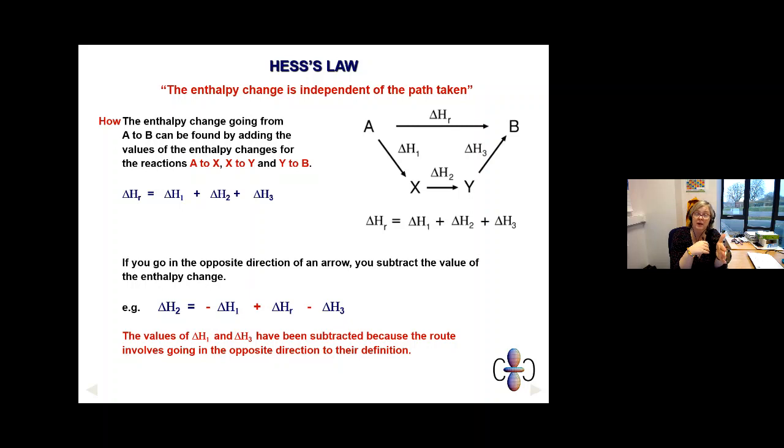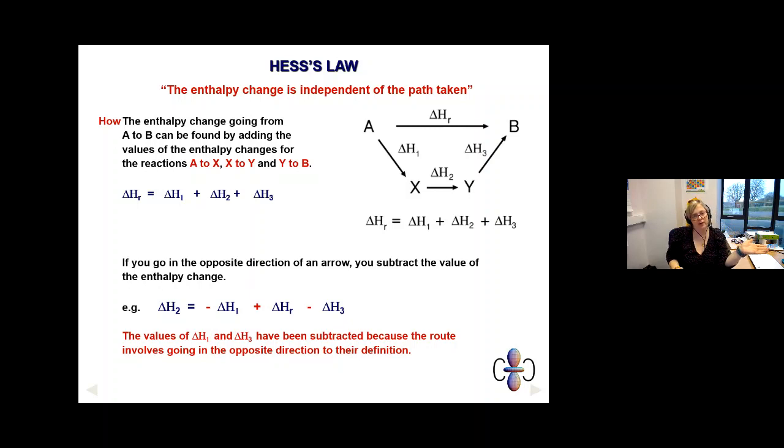In year 13, for anybody carrying on, I won't scare you overly, but it gets a lot more complex when we start expanding it into what we call a Born-Haber cycle, where as a consequence of the paths taken, there are multiple steps to get your head around, okay? So Hess's law for year 12, though, is relatively simple.